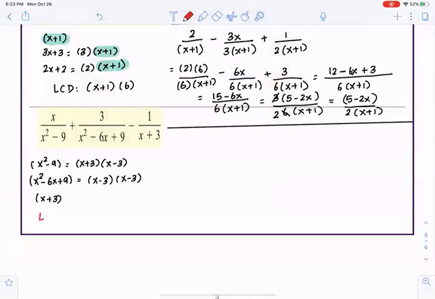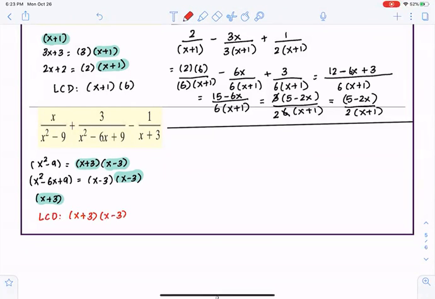So the least common denominator, if we go back and look at the common term, we see an x plus 3 there and there, but it's missing in the second term, so we need to have x plus 3. We have an x minus 3 in common between the first two denominators, missing in the third one, so an x minus 3 has to be there.